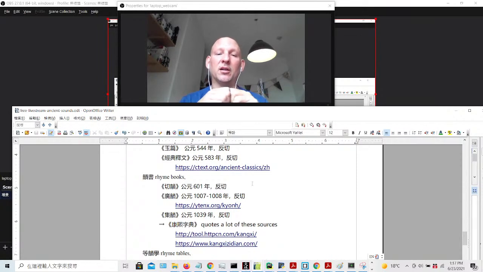And we had to memorize a lot of stuff. One of the things we had to memorize was every single 反切 shang zi. In Chinese, the first character in the 反切 pair is called the 反切 shang zi. The second one is called the 反切 xia zi.